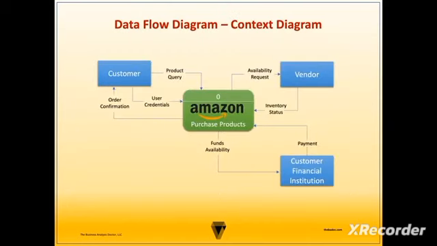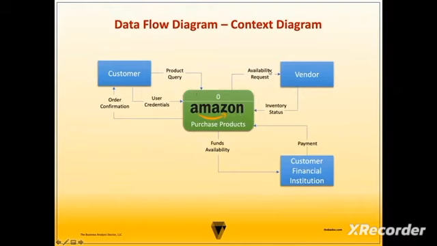In this example here, I'll be using Amazon as our case study. We'll start with a simplified context diagram of purchasing products on Amazon. The primary process node is Amazon's system to purchase products. The external entities here are customer, vendor, and customer financial institution. The flow of data is that the customer inputs user credentials and a product query.